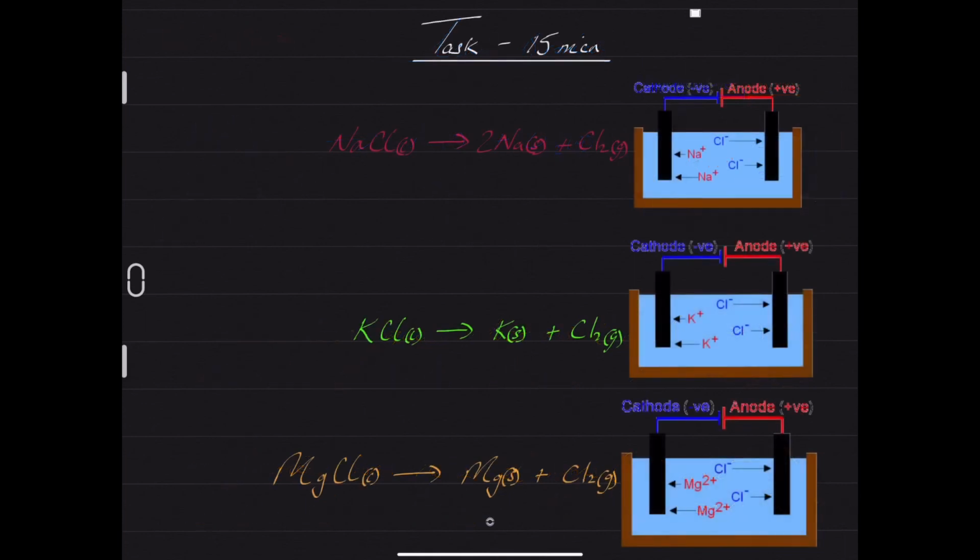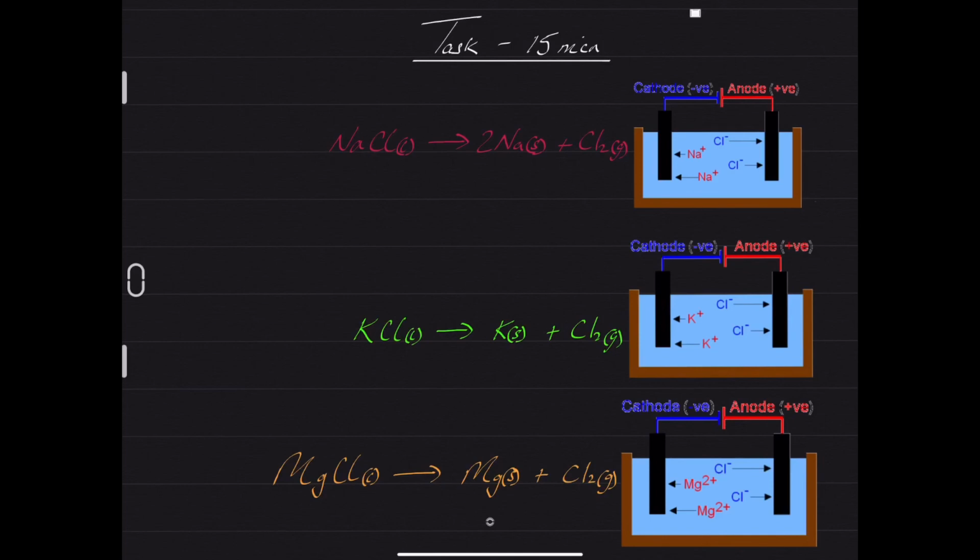Okay, so for the final part of the lesson, I've given you 3 different types of electrolysis reactions here. One is for molten sodium chloride, the other is molten potassium chloride, and finally molten magnesium chloride.